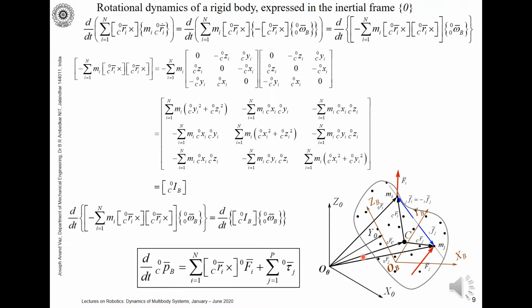So the dynamics of the rigid body with respect to rotational dynamics can be written as: the rate of change of the angular momentum of the body about the center of mass expressed in the frame 0 is equal to the resultant of the moments of momenta of these forces about the center of mass of the body expressed in the frame 0, plus the resultant of all the external moments given by the torques.